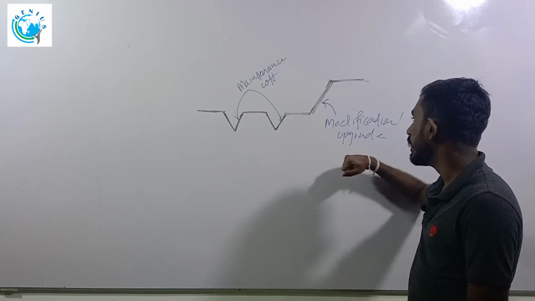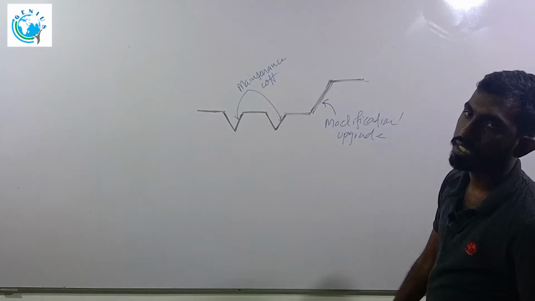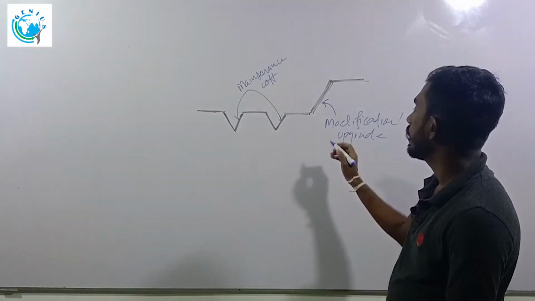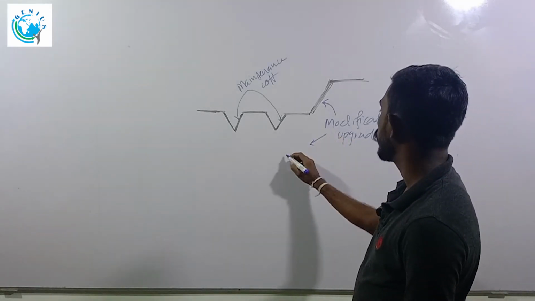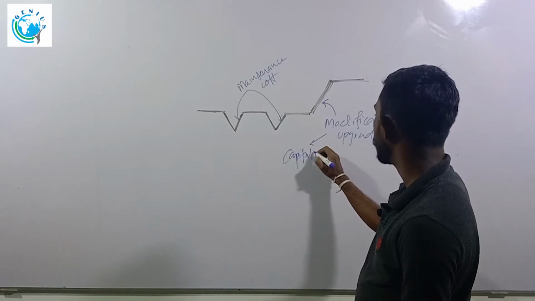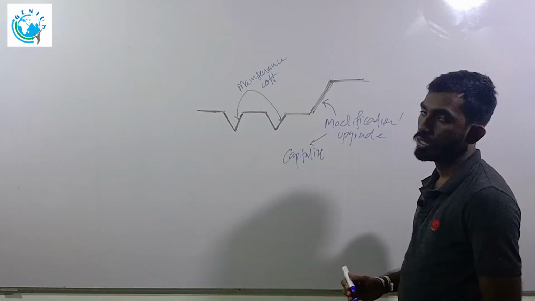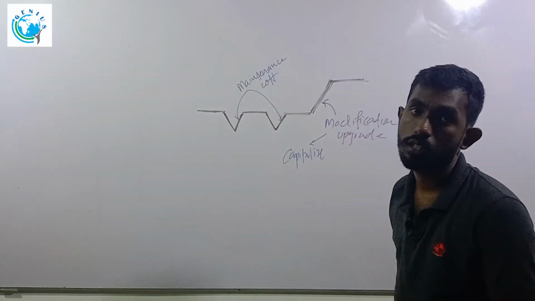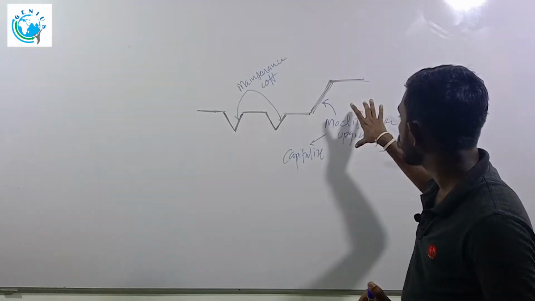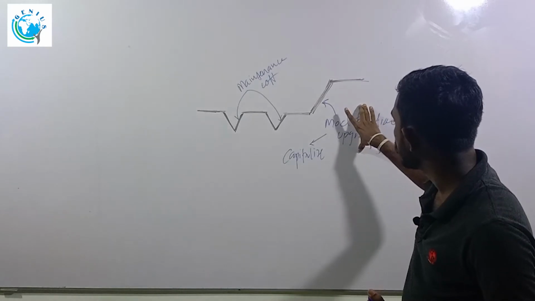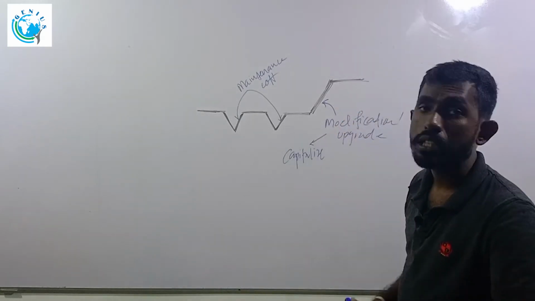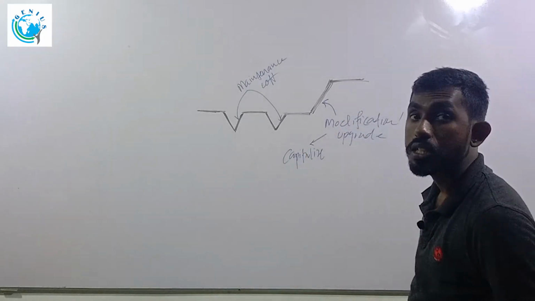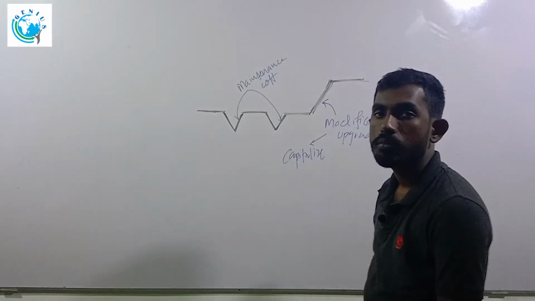So what's the accounting treatment for the modifications and upgrades? Simply, you have to capitalize them. So what do you mean by capitalizing? Capitalizing means you have to include this cost or the expense into the cost of the relevant PPE item.